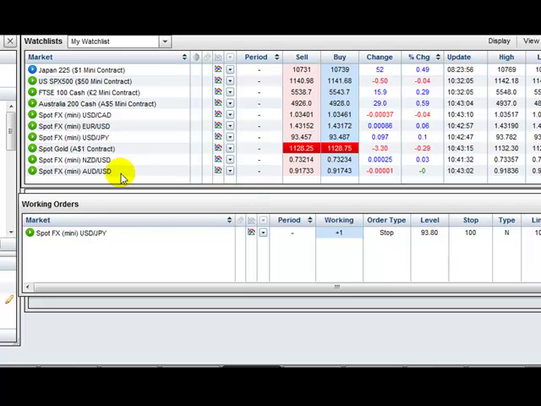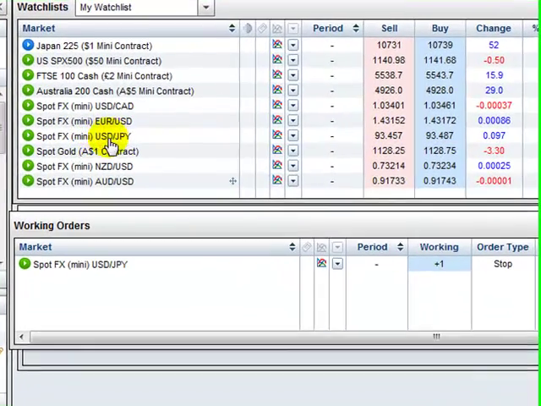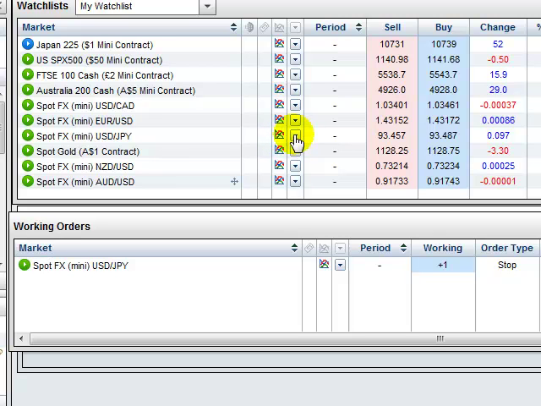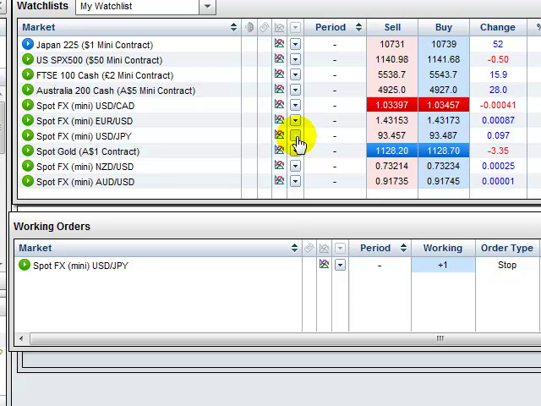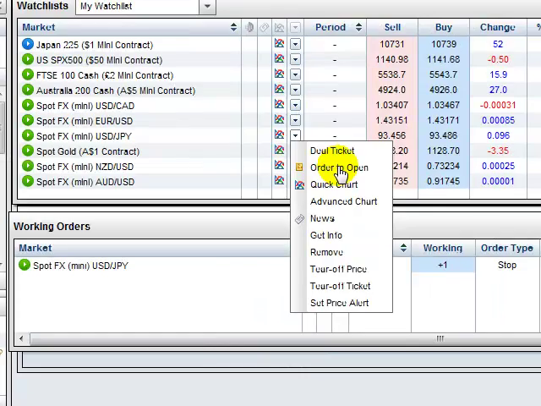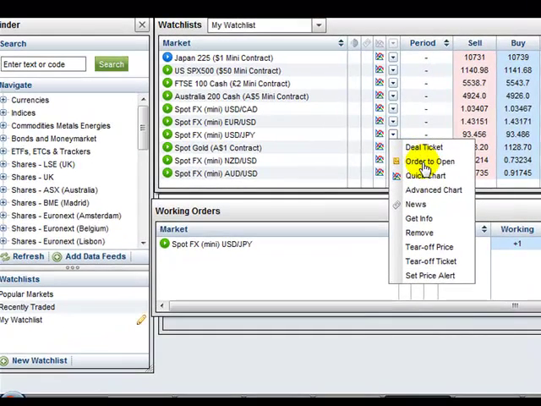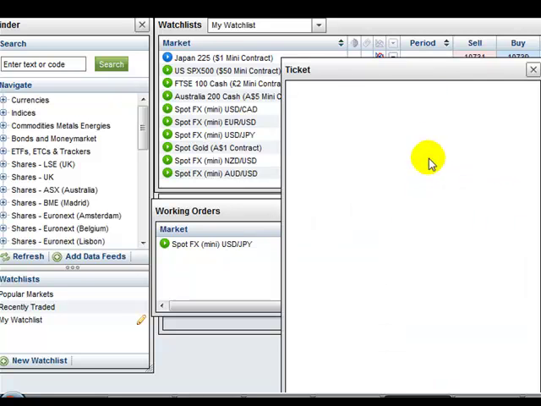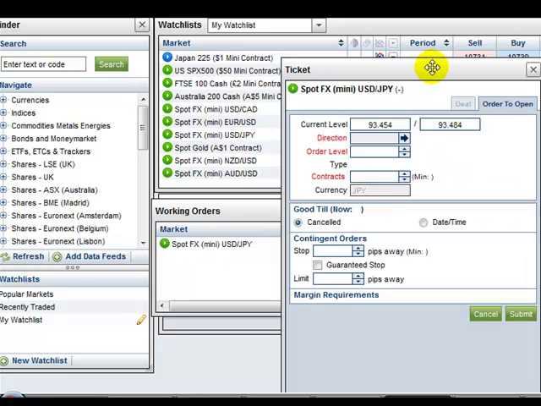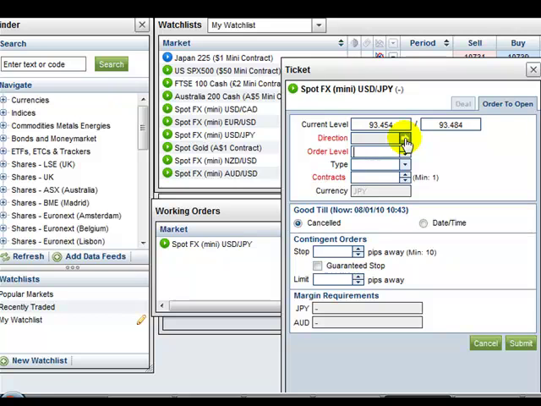So now what we need to do is go place another trade again. So we go back to the USD JPY, click on the drop down menu, click on the order to open, and when a new ticket opens up, we go through the same process for the other half of our order.